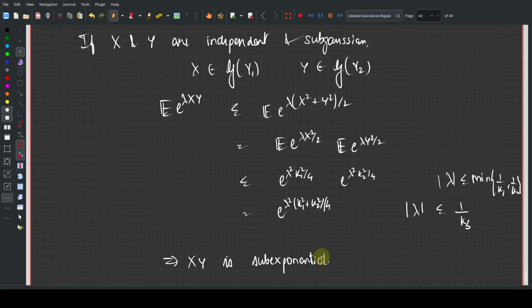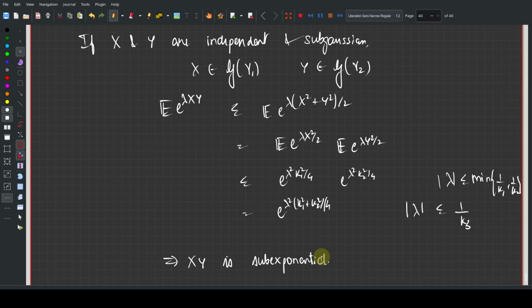If y is a non-trivial random variable, then conditioned on x equal to some particular constant, y is going to be a constant. Correct. So that's one special case, right?